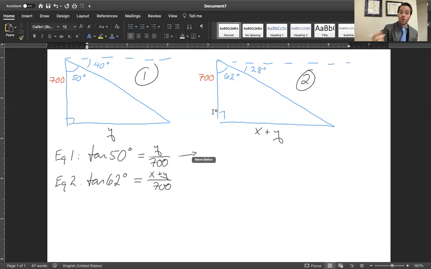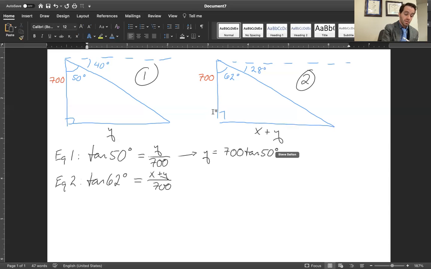In the interest of solving for x, I'm going to isolate y in the first equation and put that into the second equation, at which point x should become the only variable. So y will be 700 times the tangent of 50 degrees.